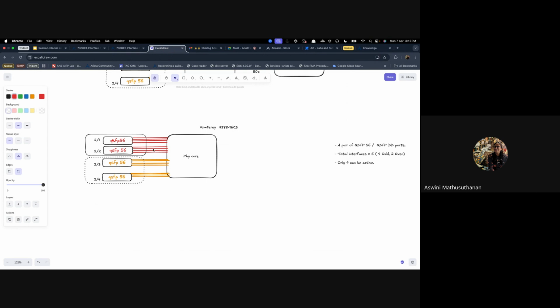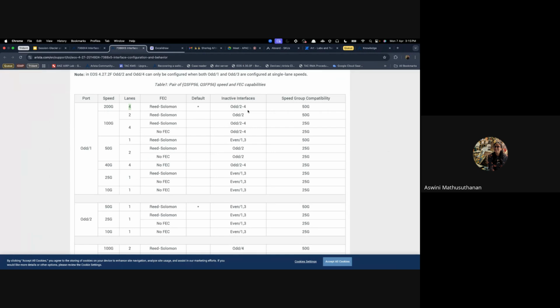It doesn't mention anything about these 4 interfaces, because we can still use them. That is the reason. It has exhausted only 4 of these resources. The remaining 4 are still on, so we can make use of 2/2 as well. That's why it just says 2/4 goes inactive, and it doesn't mention anything about the even side interfaces.